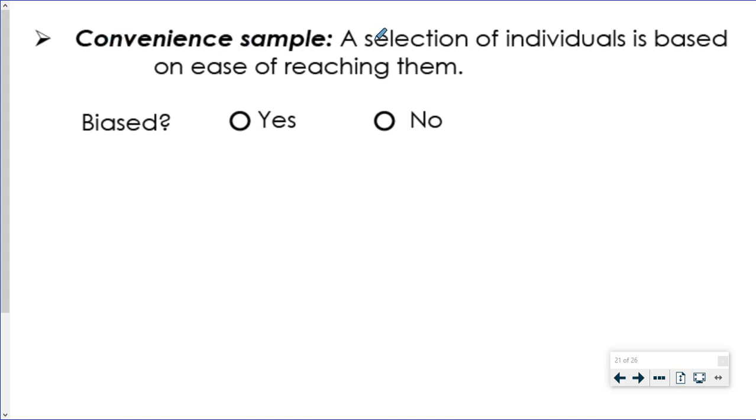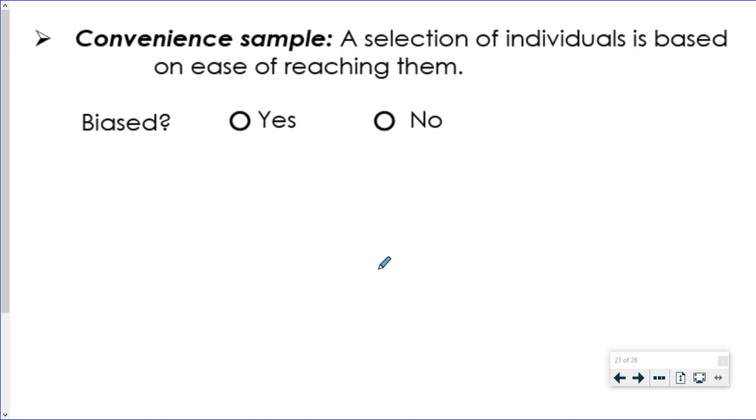A convenience sample. A selection of individuals is based on the ease of reaching them. So, for instance, another example, let's say we were all back at the high school in our classroom, and you wanted to figure out again what the favorite soft drink, what favorite carbonated beverage is for all the students at Auburndale High School.